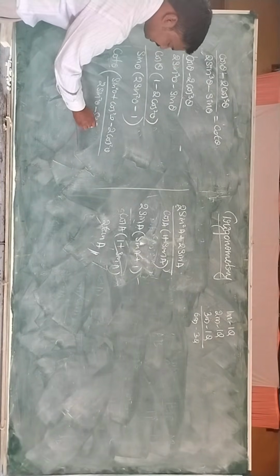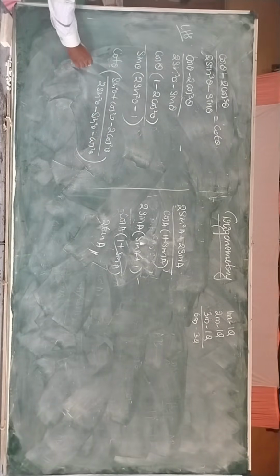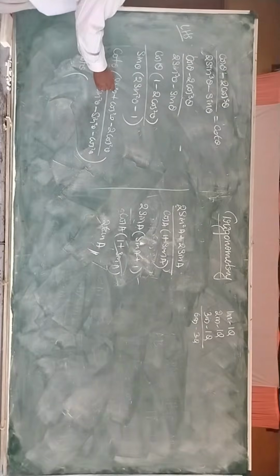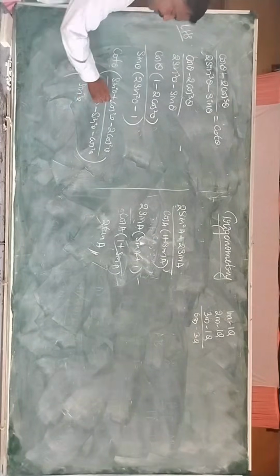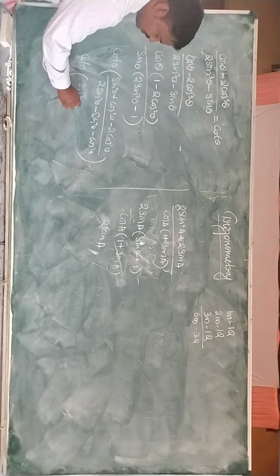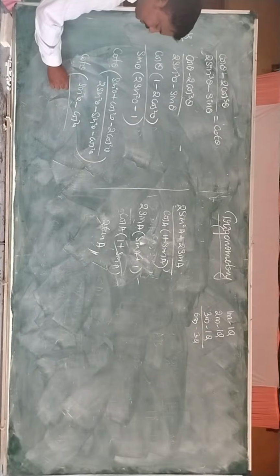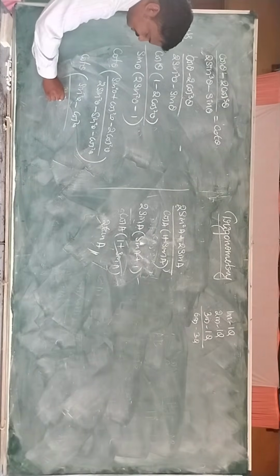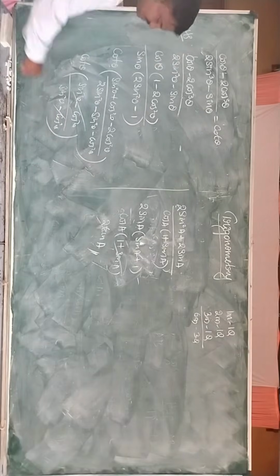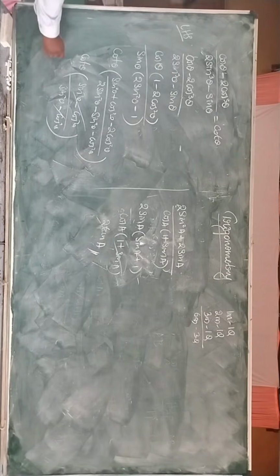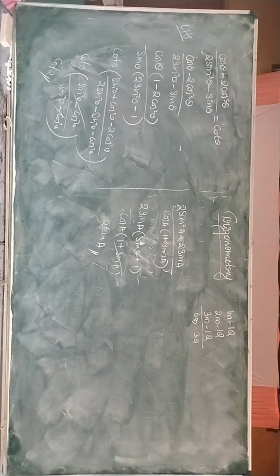Cot theta into bracket sin square theta minus cos square theta divided by sin square theta minus cos square theta. They cancel. Answer is cot theta. 3 marks. Next.